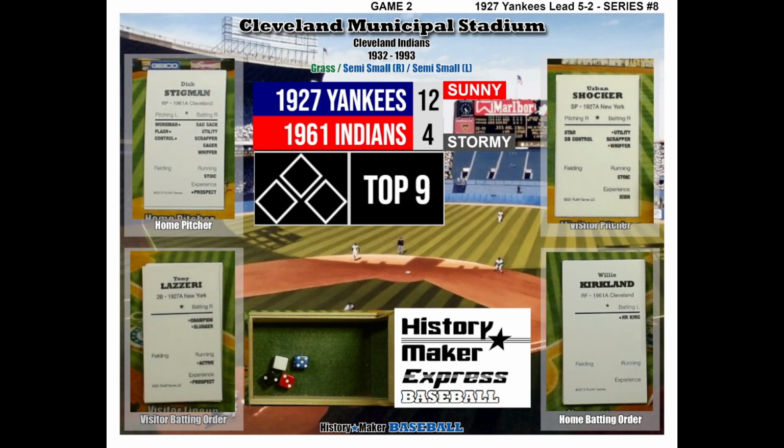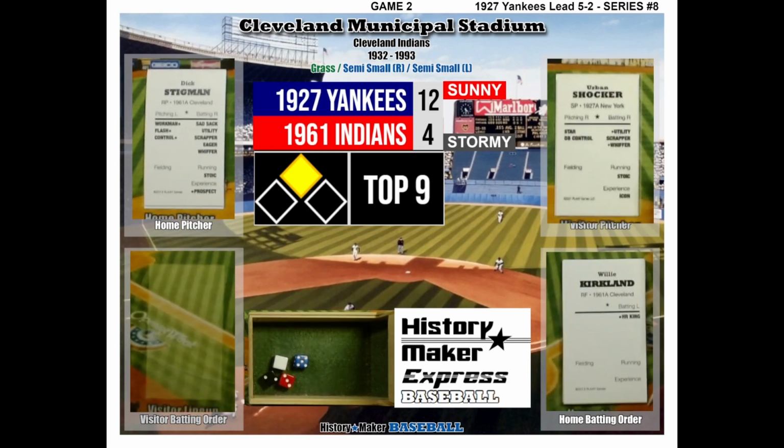So that's going to be a men on base result. -1 for black die of flash. Stigman does have semi-flash. The decider die says no, you do not have flash. So that is going to remain a runner, putting the runner on second. And it will be a 2 and a 5. It will be a single and a stolen base for Tony Lazzeri.